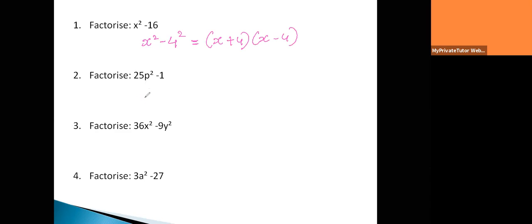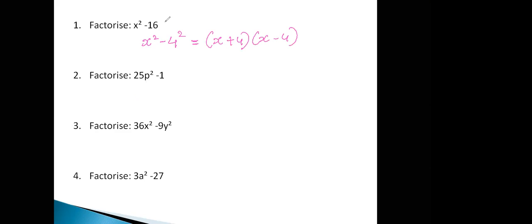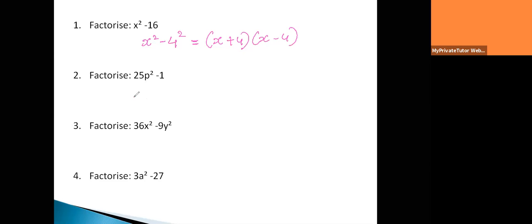So the next one, it's a little tricky one, but let's see how you guys answer. Arfan, what do you think? So 25p square minus 1. 25 is what? 5 square, I hope everyone agrees to that.